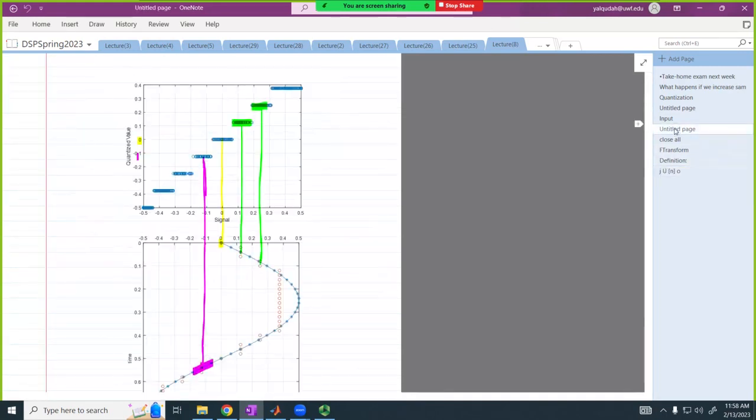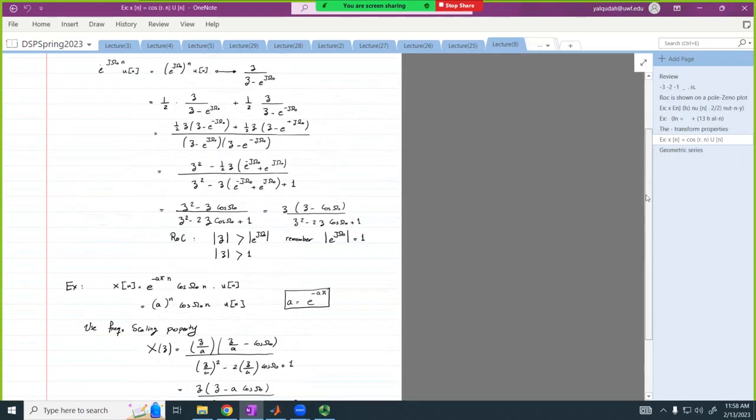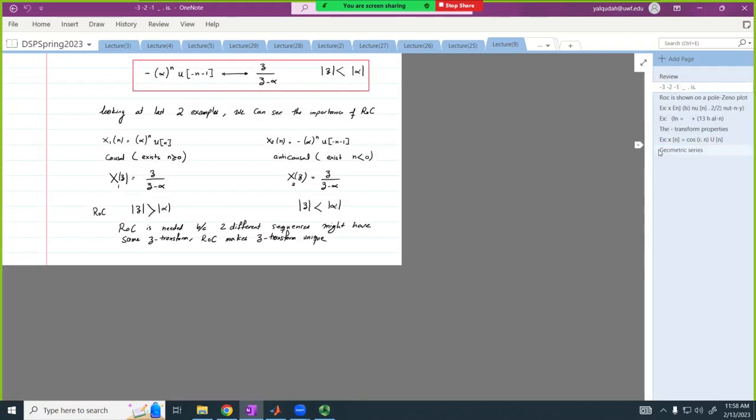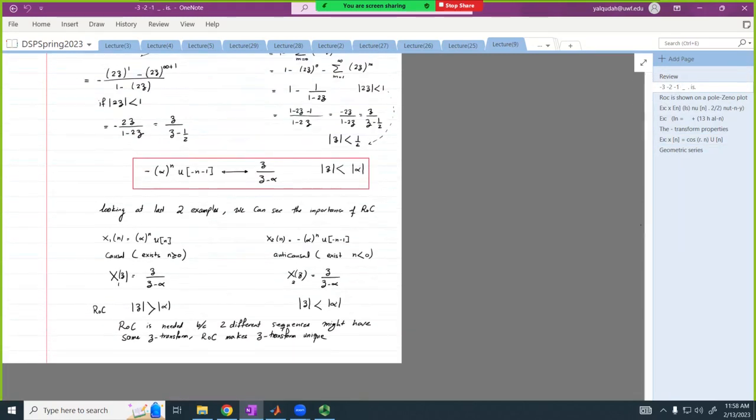Where did we do that? There we go. So when z is less than alpha, where alpha is the pole, then we're going to use this formula. There's a minus sign, so that's why we had a minus sign. Make sense? Yes. Okay.